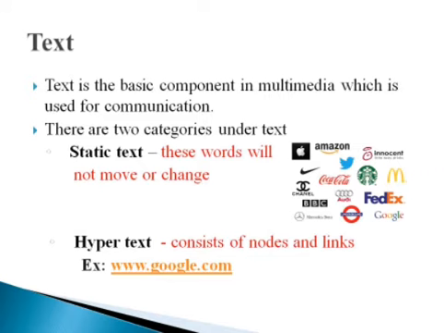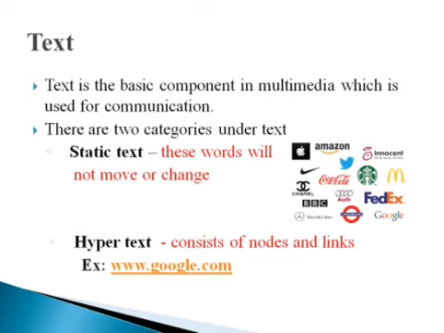All these are words or text that is very static. The spelling of Google is always Google, and that is the website name also, which cannot be changed. Even Amazon or Audi is a name given using a particular text. So the words will not move or change. That is called static text.